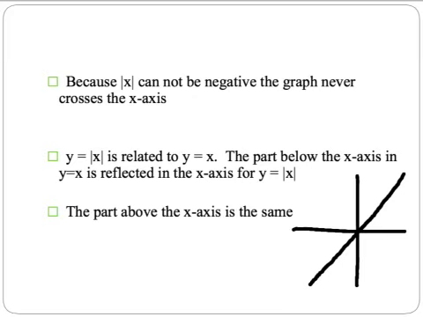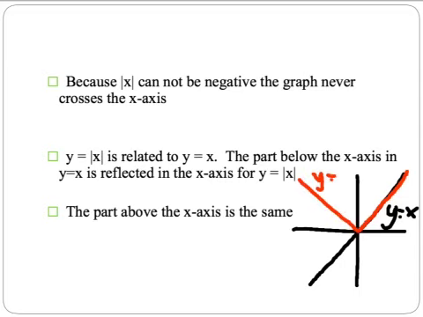So let me label this here: this was y equals x, and the graph of the absolute value of x will be the same except it's then reflected.